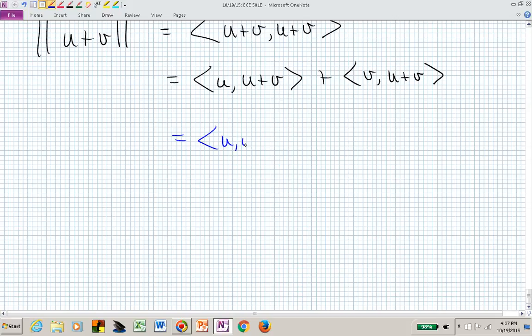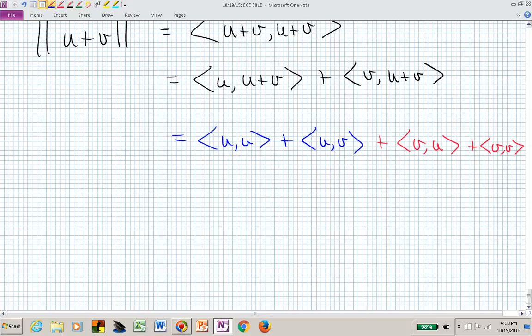So now let's write this. We now have u with u inner product plus u with v. That's from the first piece. And let me write the second piece in red, which is now v with u plus v with v. Those are the two pieces of each of those two terms.